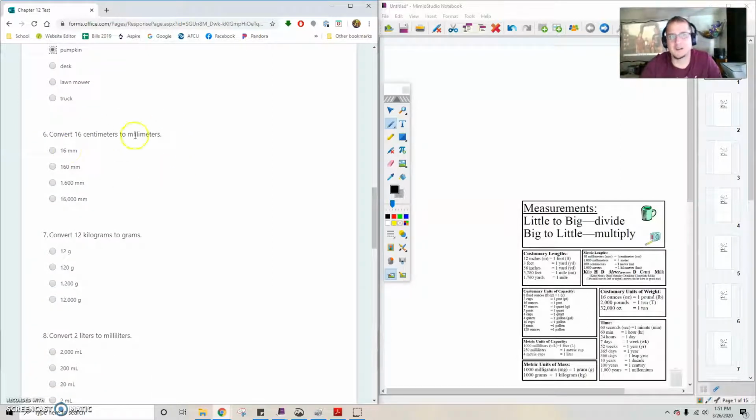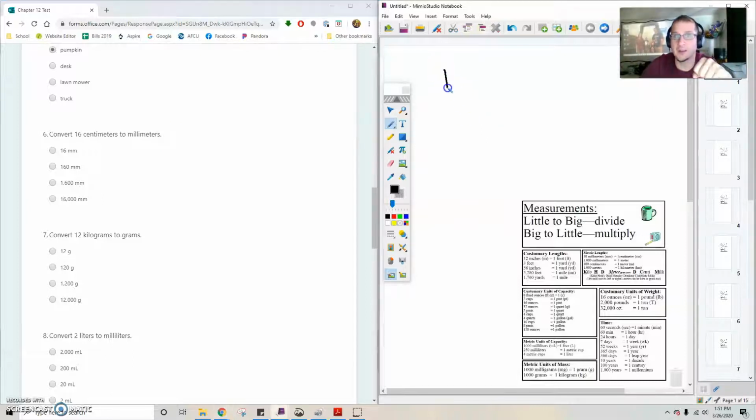Convert 16 centimeters to millimeters. This is where our little work section here comes in. Now, I want you to remember, we do have down here metric length. Now, I realize, depending on the size of screen you might be looking at, this could be small. So, I'll do my best to help you out here. Metric units of length is right here. So, it tells us 10 millimeters is equal to 1 centimeter. And I want to know 16 centimeters is how many millimeters?